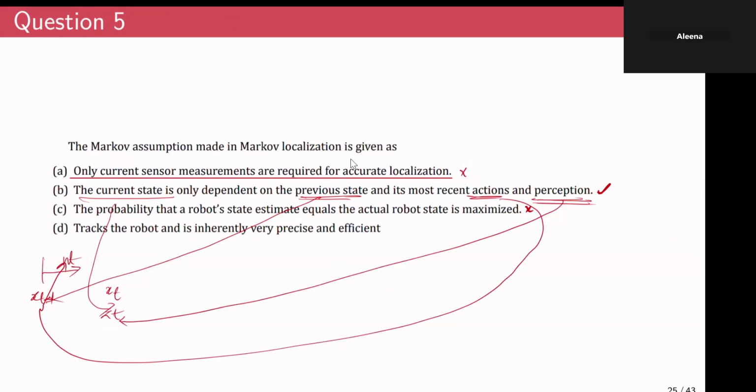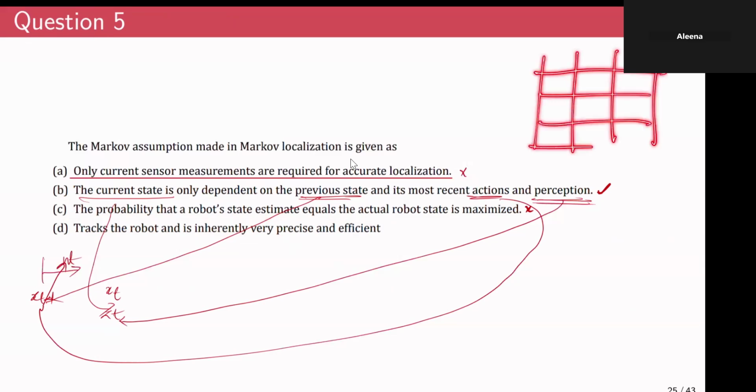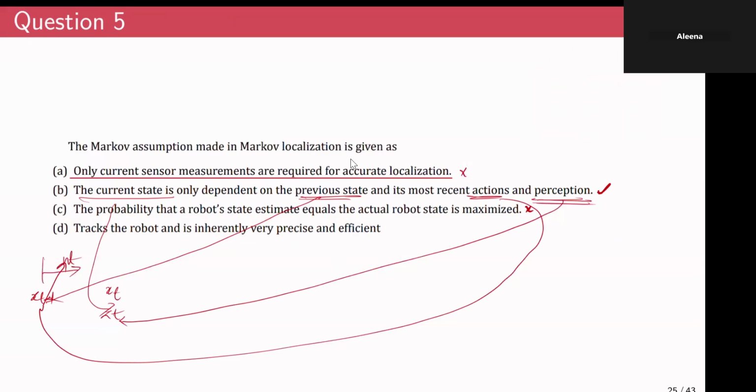And it also says tracking the robot is inherently very precise and efficient. From Markov localization, we have actually seen that for every update, we have to update the probability of each and every grid point. Even if the probability of the robot being at most of the grids is 0, we still have to update it for every update.